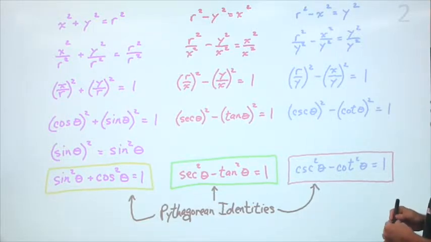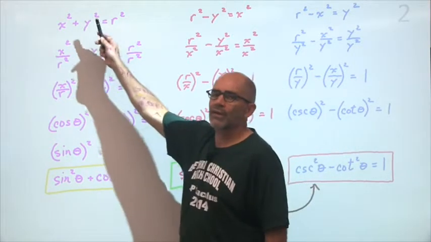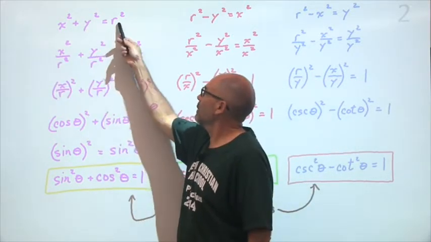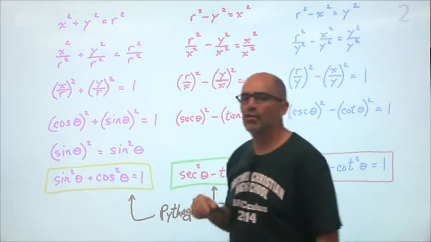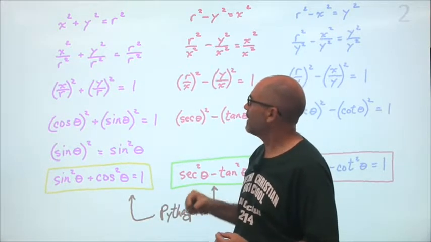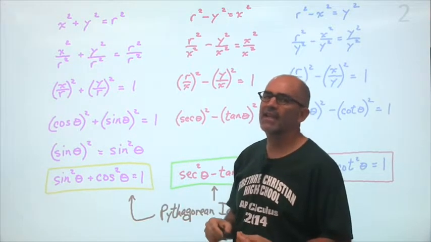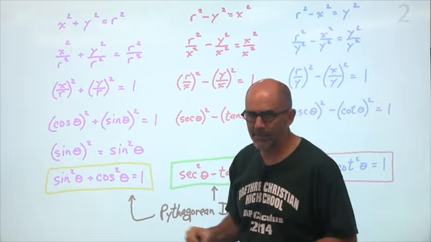Now, we're going to take our Pythagorean theorem to start with. x squared plus y squared equals r squared. And we're going to manipulate it algebraically to end up with a trigonometric identity that will be enormously important.